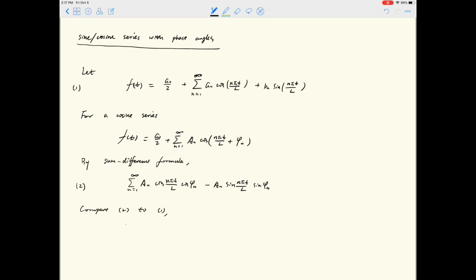That means that An times cosine phi n will have to be equal to little an, capital An sine phi n will have to be equal to little bn, so that the series are the same.